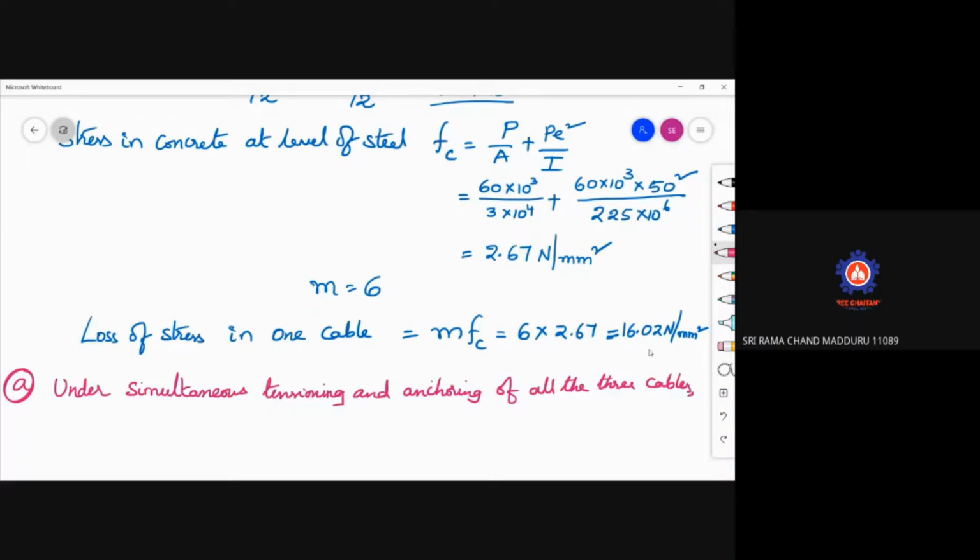But we have already said, in case of post tensioning, when all the wires are stressed at a time, then the loss of pre-stress will become 0. The loss of pre-stress will become 0 due to elastic shortening.